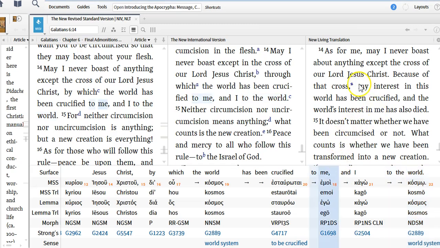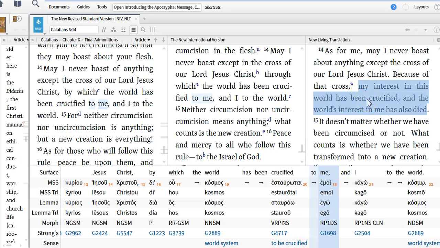This, in fact, is the way that the NLT has represented the dative case of kosmo, and also the related one, emoi, here. The world has been crucified to me, and I to the world. Both of those are parallel dative expressions. The NLT has translated rather committedly as dative of interest. My interest in this world has been crucified, and the world's interest in me has also died.